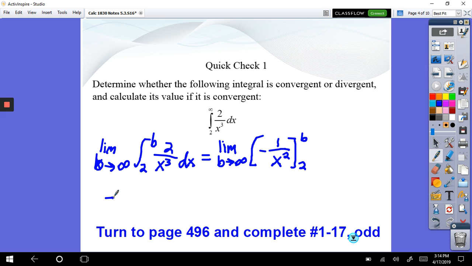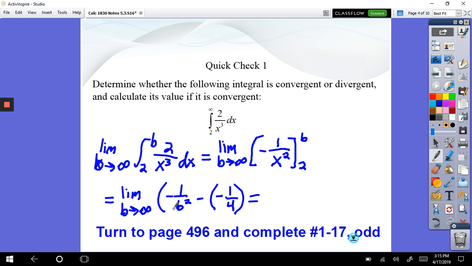All right, so when we go plug it in, limit as b goes to infinity of plug in b, negative 1 over b squared, minus negative 1 over 2 squared, which is 4.